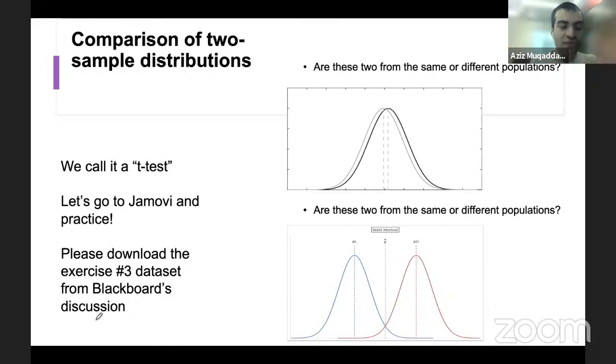Group A saw one version of the donation advertisement. Group B saw a different version. Each group will come back with a different mean score, right? Assuming the maximum you could donate is 100, one group ended up donating 20 on average, so the average donation was $20. The other group was 25, okay?